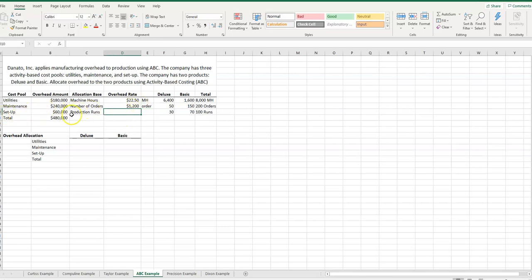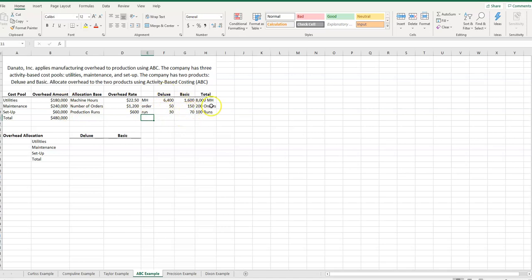For setup costs, we have 60,000 in total setup costs based on production runs. We take $60,000 divided by 100 production runs, giving us a rate of $600 per production run.